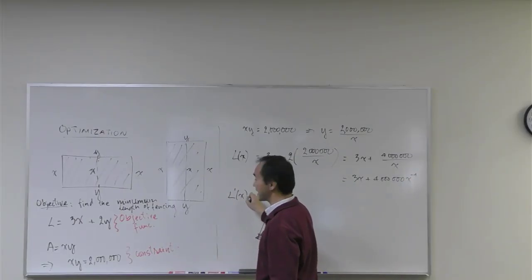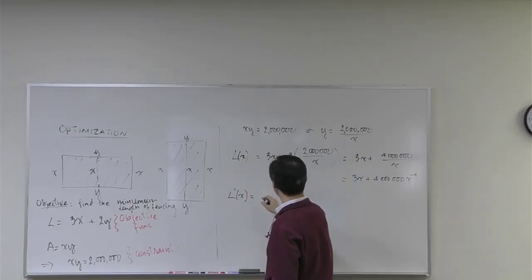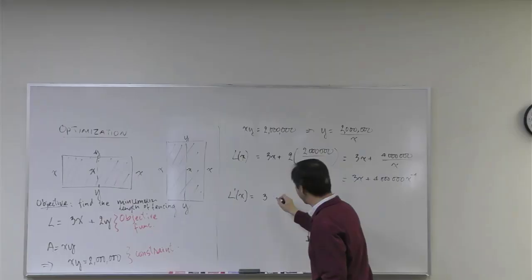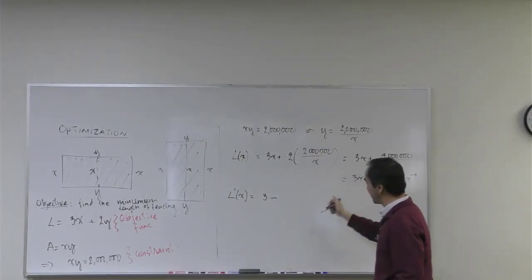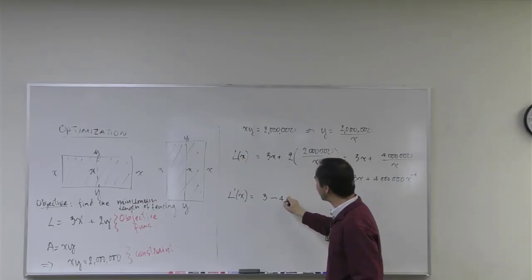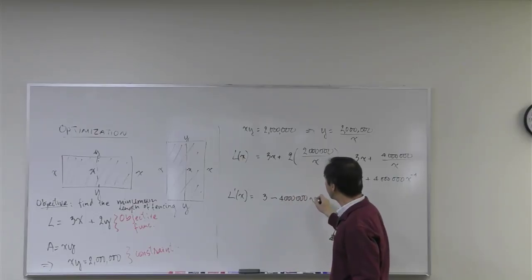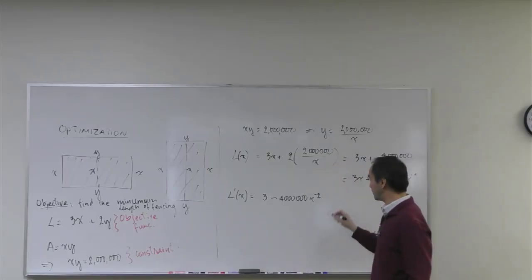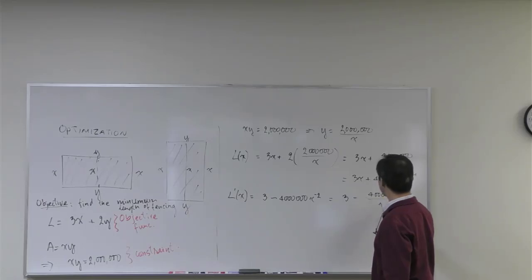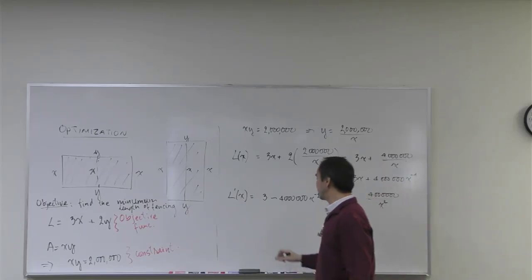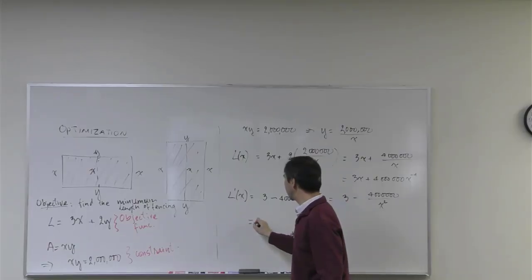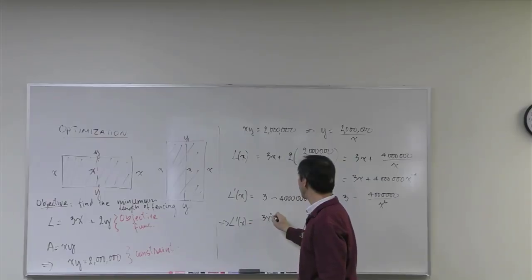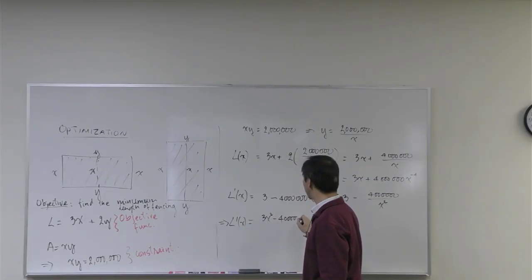L prime of x equals, the first term gives me 3, and the next term gives minus 4 million x to the minus 2 power. Or we can put that as 3 minus 4 million over x squared. Then we can rewrite our derivative as L prime of x equals 3x squared minus 4 million, all over x squared.